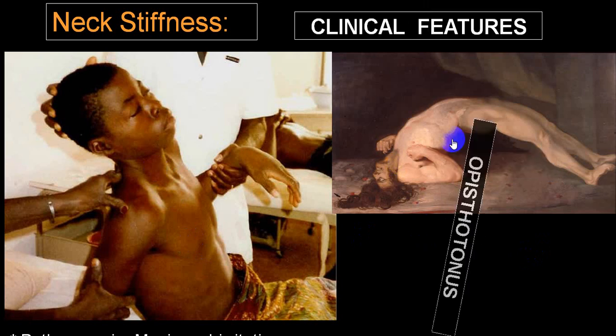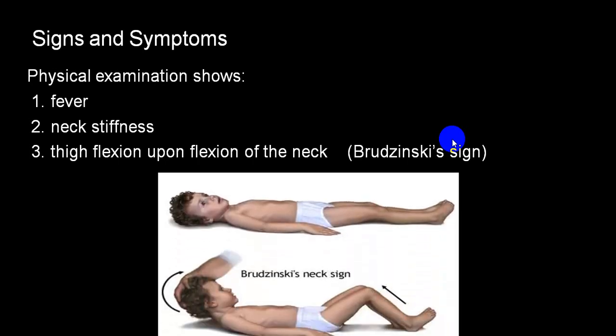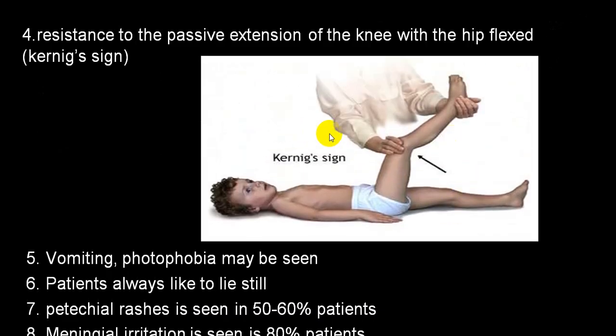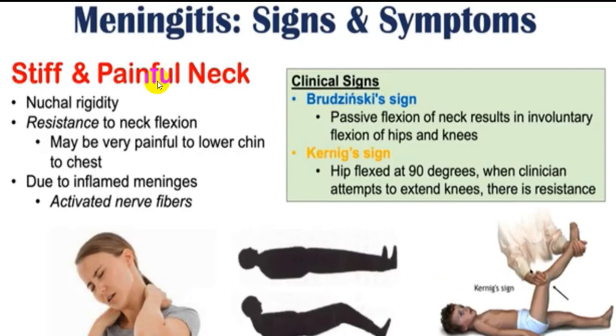That is more common in children rather than adults. So neck rigidity, Brudzinski sign, Kernig sign, vomiting, photophobia, rash; meningeal irritation is the most common sign. So stiff neck or painful neck, that is neck rigidity, Brudzinski and Kernig sign.